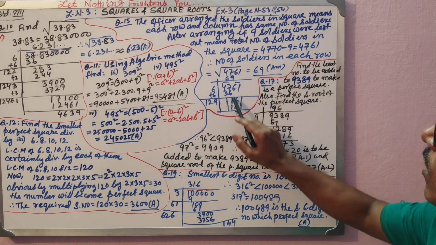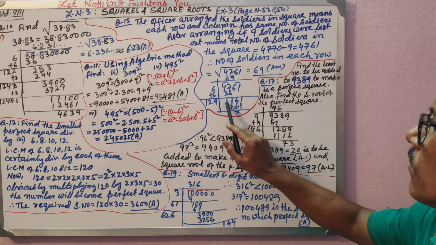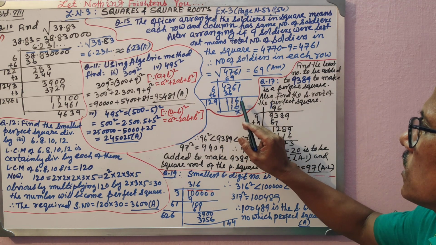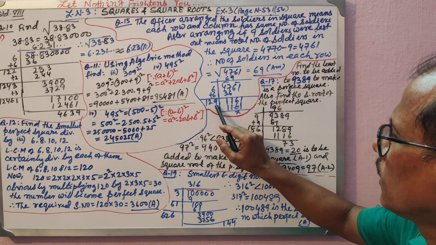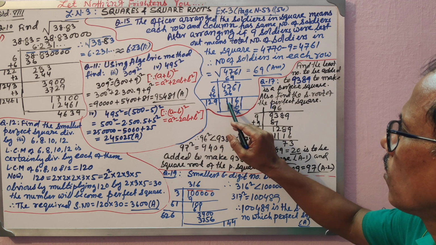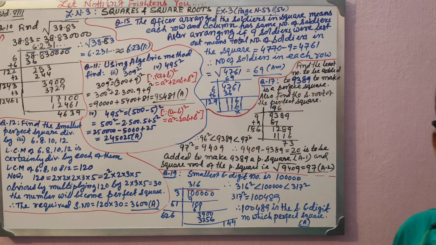If you do the division procedure, 6 6s are 36. 47 minus 36, 11 came. Then the next number 61 came down. There 6 plus 6 is 12. What number will you keep and multiply by itself so that it will become this? If you keep 9, since the unit digit is 1, it can go with 9 only.